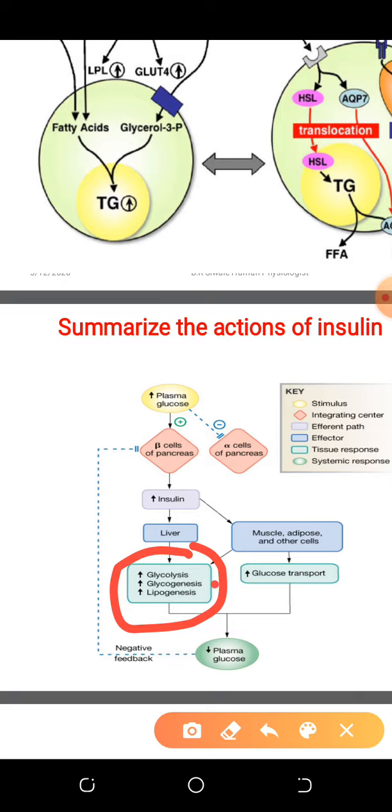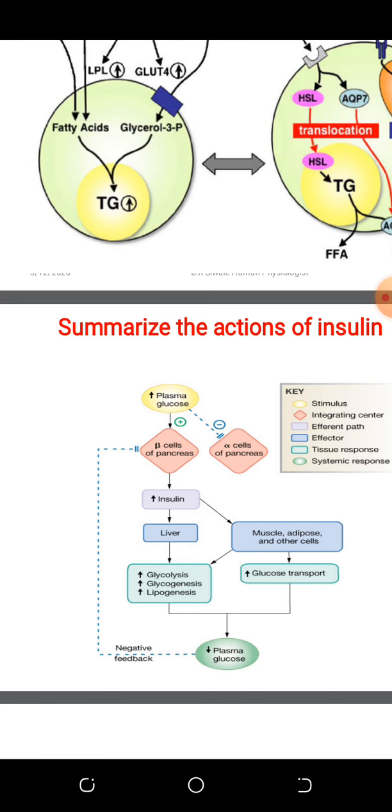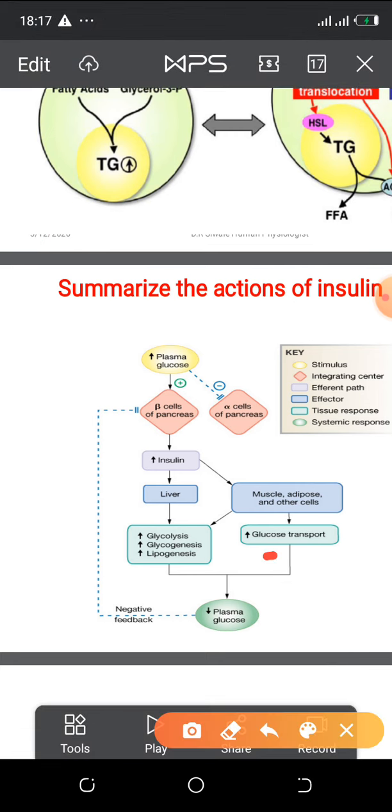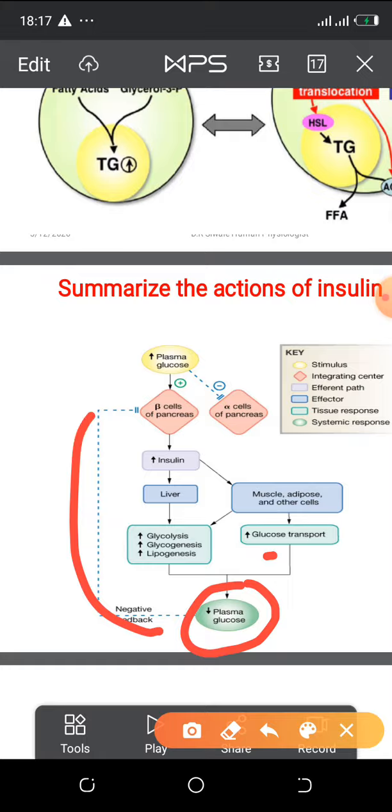It increases lipogenesis, synthesis of lipids. It increases glycolysis, which is synthesis of ATP. That's the action of insulin on the liver. On the muscle, it increases glucose transport. So the effect of this will be low glucose levels, and the low glucose levels will have a negative effect on the pancreatic beta cell, which is what we call a negative feedback mechanism.